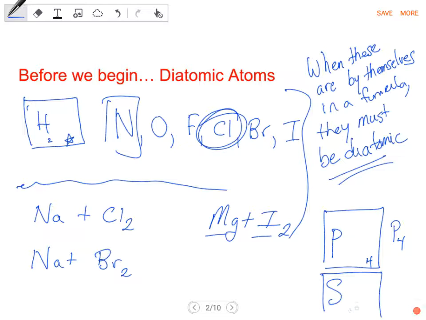Sulfur exists in a state of 8, so it would be S8. So those are just your examples. Because I'm moving into how to write formulas, I just want you to know that when these are by themselves, some of them have a 2 with them all the time, one of them has a 4, and one of them has an 8. That is crucial moving forward: when you write them by themselves, they have the right value with them.